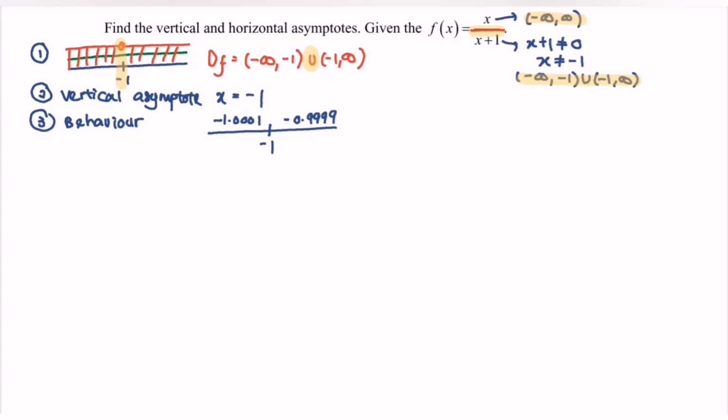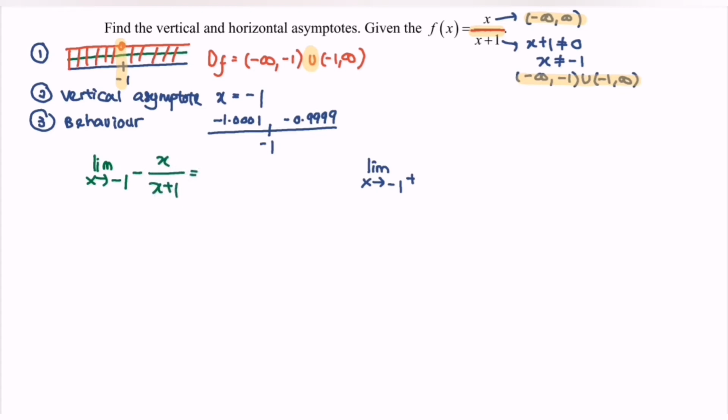In order to study the behavior, we take the limit when x approaches negative 1 from the left. On the other side, we will have the limit when x approaches negative 1 from the right. So kindly substitute into the function x over x plus 1.